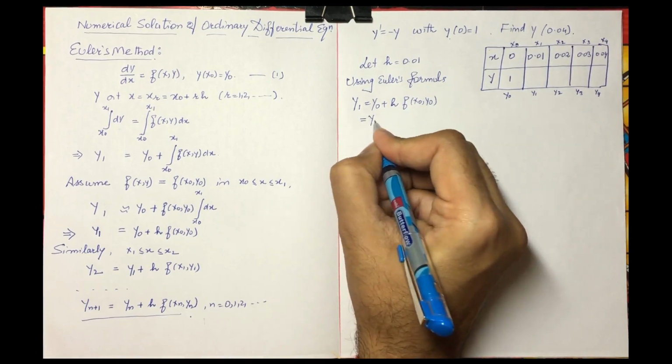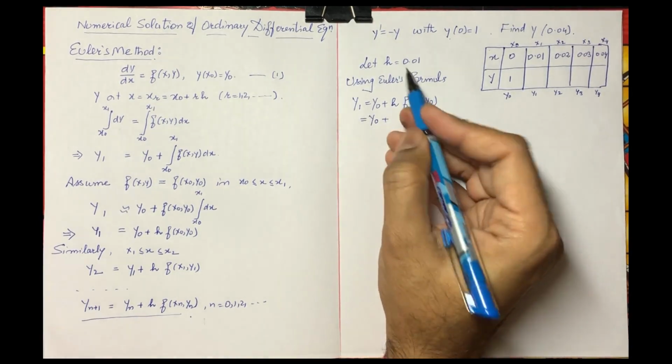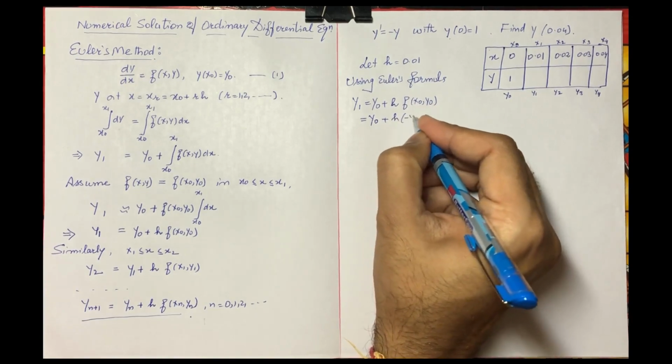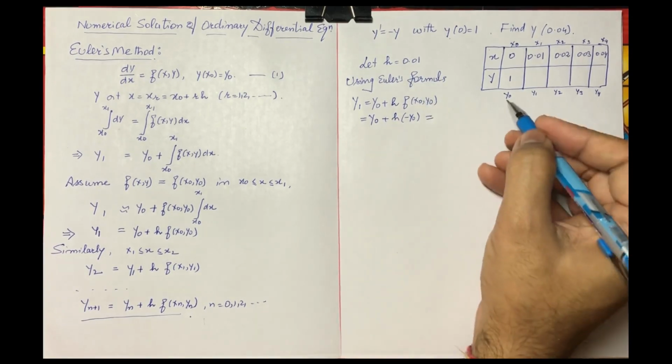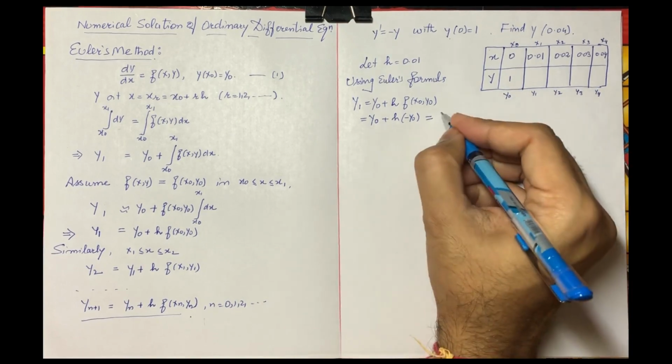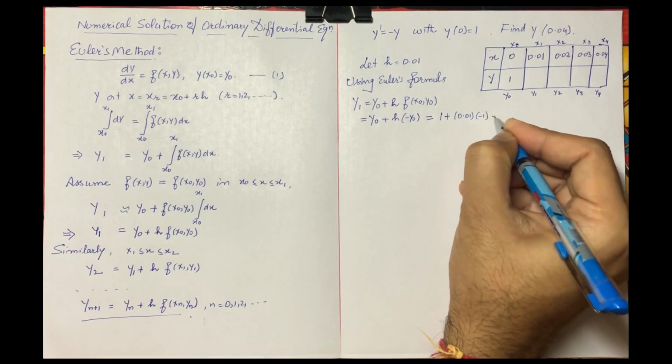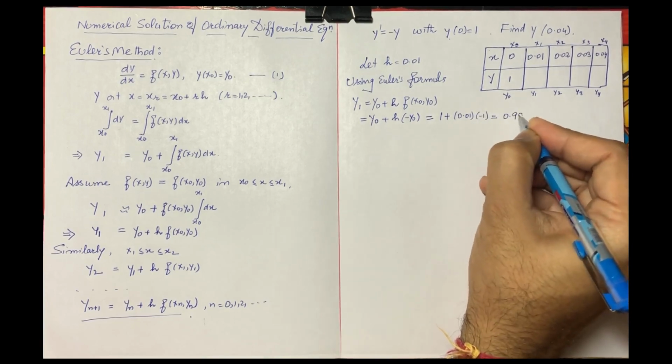So putting the value, f(x, y) is minus y, so f(x0, y0) is minus y0, and y0 is 1. 1 plus h, which is 0.01, times minus 1, which comes out to be 0.99.